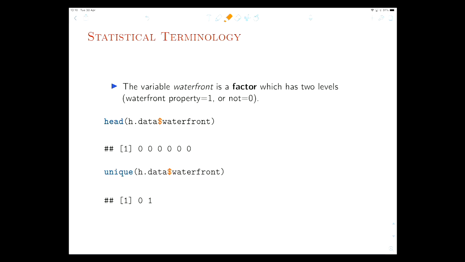Looking at the waterfront, you'll see the values of that variable are either 0 or 1, as we can see using the unique command. The unique command essentially lists all the unique values that are stored in the variable waterfront. As you can see, that's just got two values, 0 or 1.